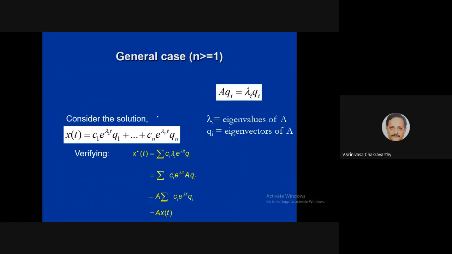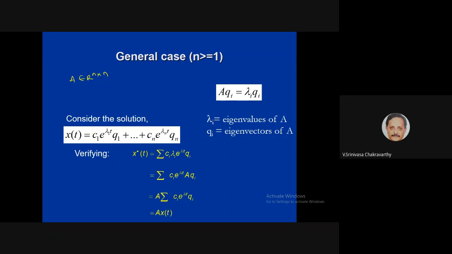A is a square matrix, A in R n by n, and we assume that it has all eigenvalues and eigenvectors. Lambda are the eigenvalues of A, and q are the eigenvectors of A. Therefore, they satisfy this equation: A qi is equal to lambda i qi.